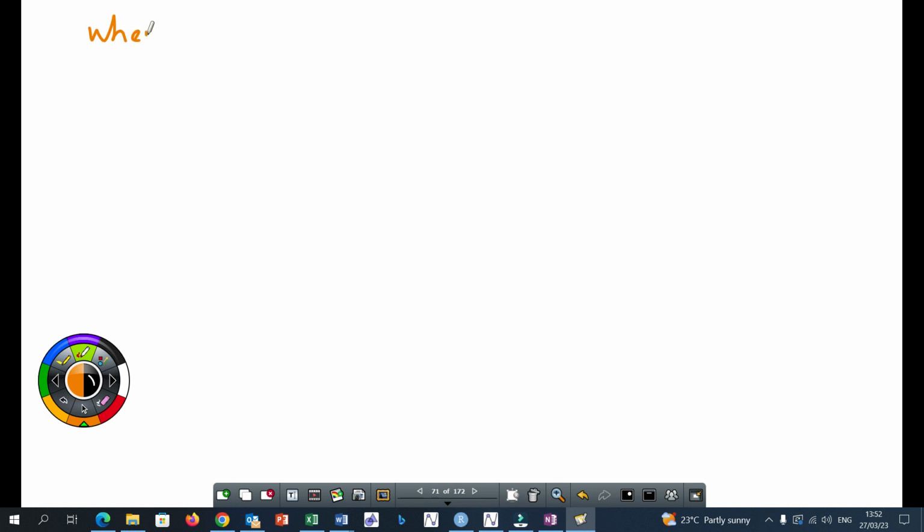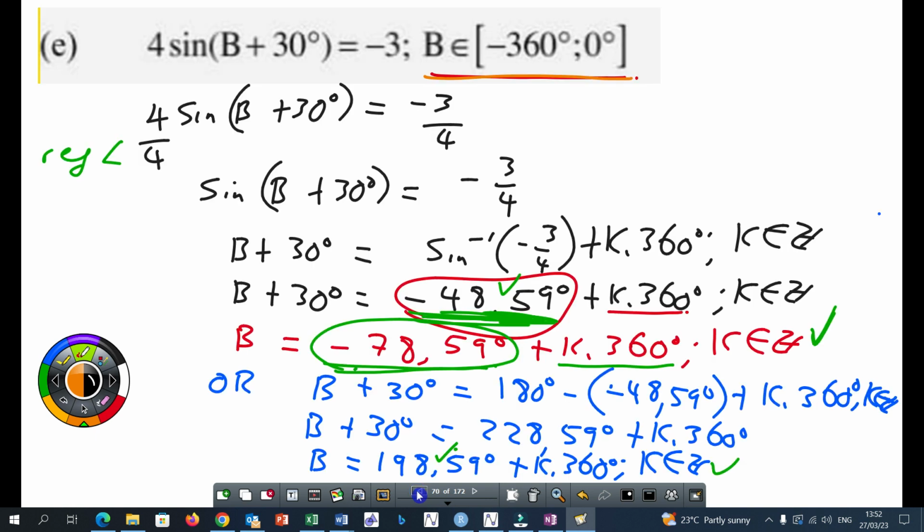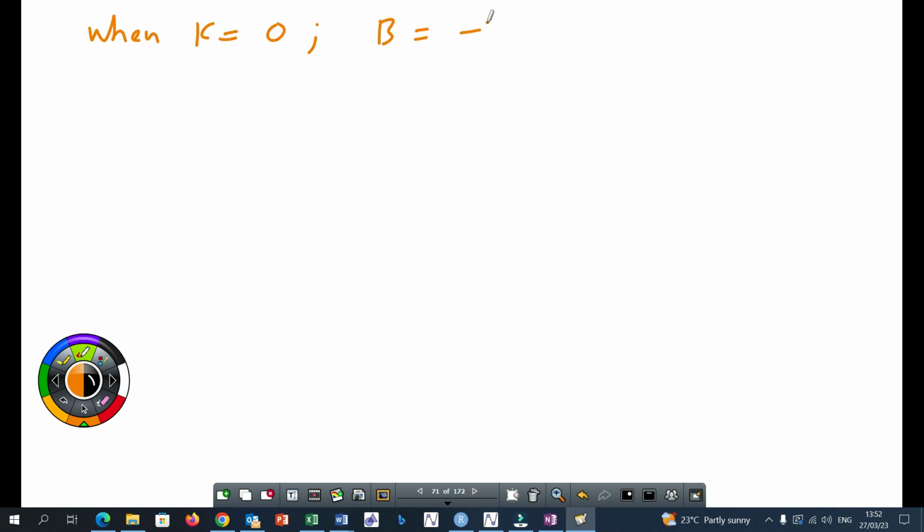So we'll say when K is 0, what is B equal to? I'm substituting K now. K is an integer. So if I put K equal to 0 here, I'll get minus 48.59. It's a solution.